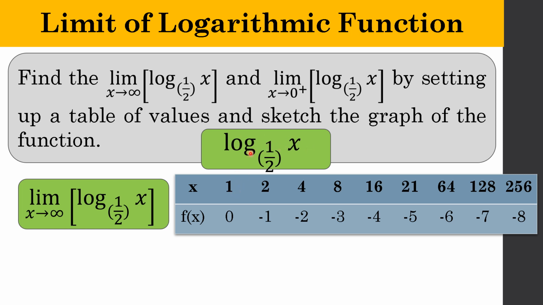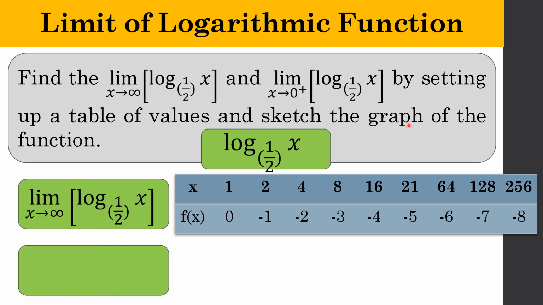Okay? So if x is 1, that means your f of x is log of 1 to the base of 1/2. Then, the calculator gives you 0, and that is the value of your f of x. Ganun din yung cases ni negative 1. Okay? If x is equal to 2, then f of x is negative 1, so on and so forth.